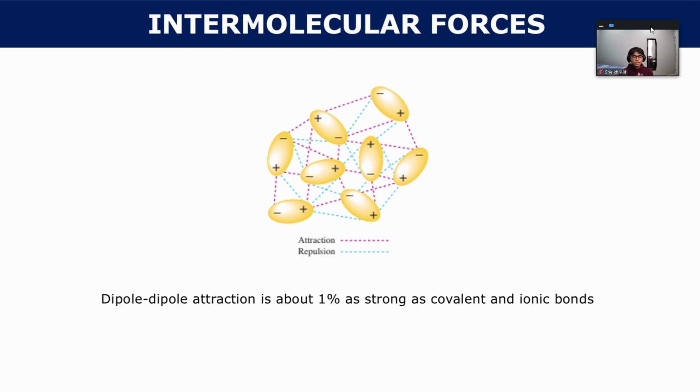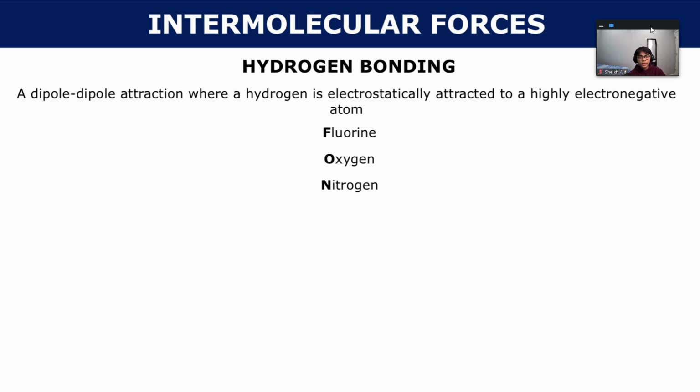These are the third strongest intermolecular force, but they are only about 1% as strong as covalent and ionic bonds. So it goes to show how much harder it is to break apart ionic bonds or covalent bonds rather than intermolecular forces.